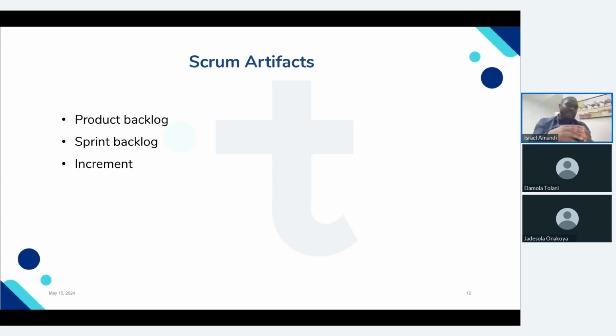Now, one of the biases we get, or myths we get, in today's world is that every sprint must end with a tangible product. No. But at least every sprint must end with an increase. So if you started a sprint with the need to actually solve a problem, it mustn't be you building a solution.